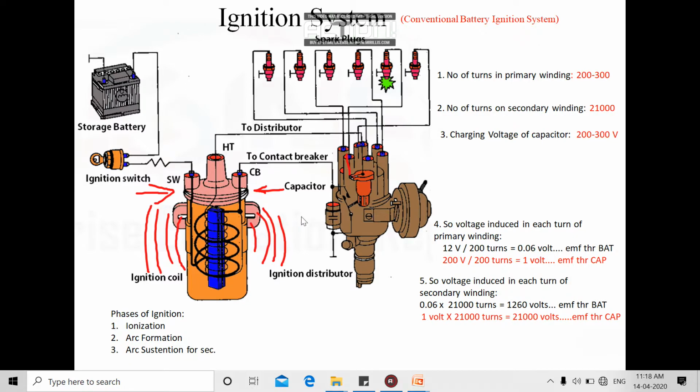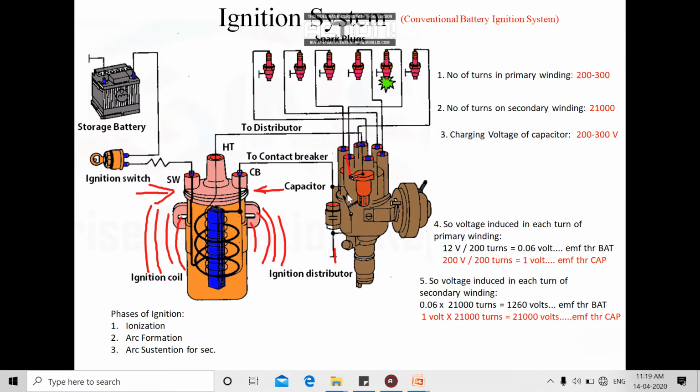Similarly, the magnetic field also gradually starts disappearing, and whenever it is disappearing, the total charge gets absorbed into the capacitor.